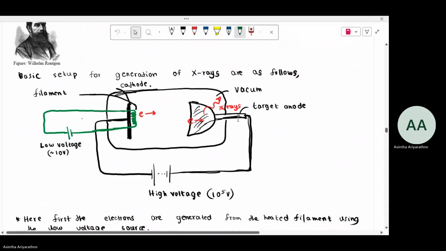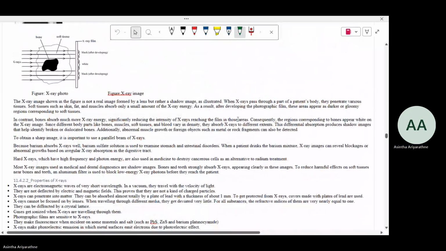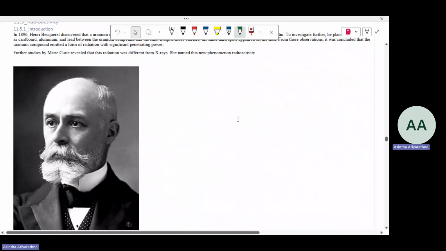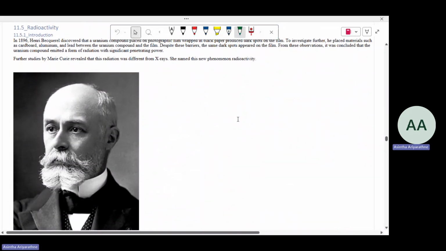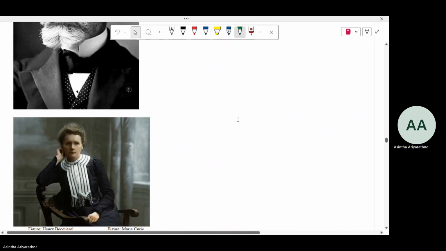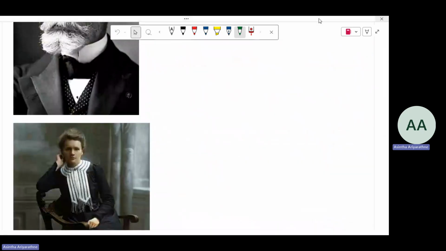In the next session, we will move on to the radioactivity part. We will study gamma rays, alpha rays, and beta rays, and nuclear reactions, and move on to the module. So, thank you.